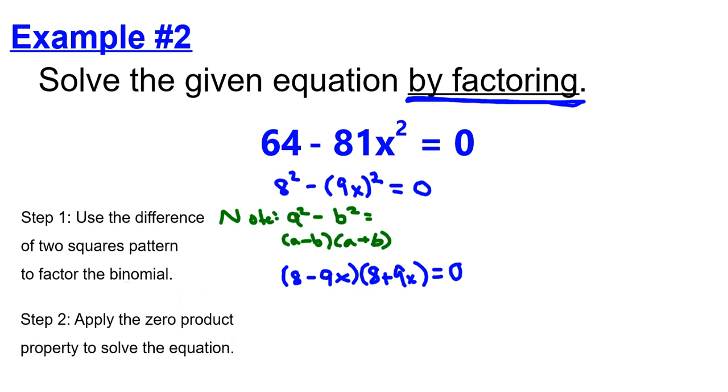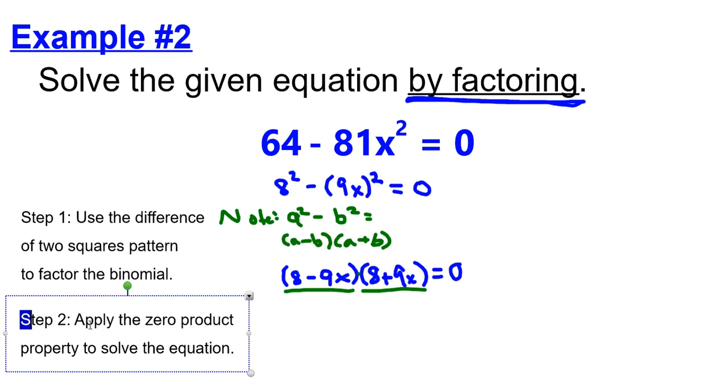So the zero product property again says if we have the product of two or more factors, meaning we're multiplying, and we're getting out a 0, then one of those factors must equal 0. I'm going to rewrite that over here, especially for those students that still have to do paper copies for this week.